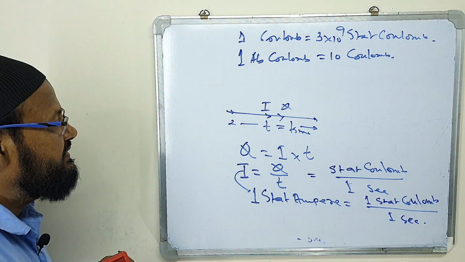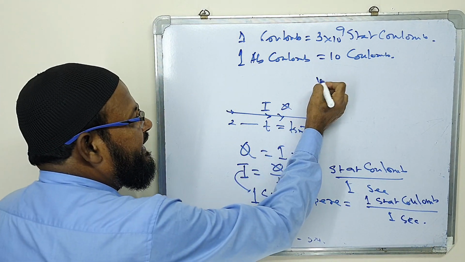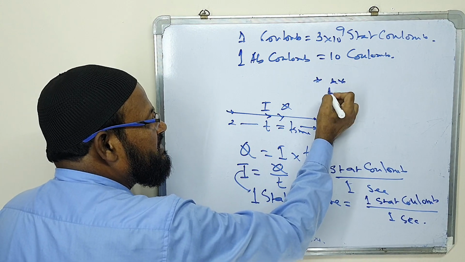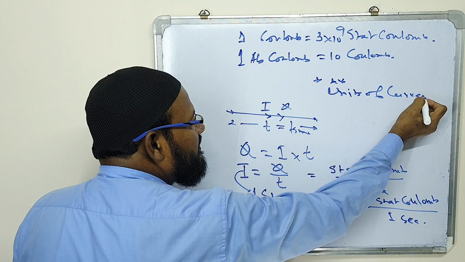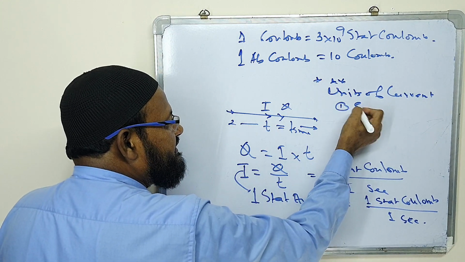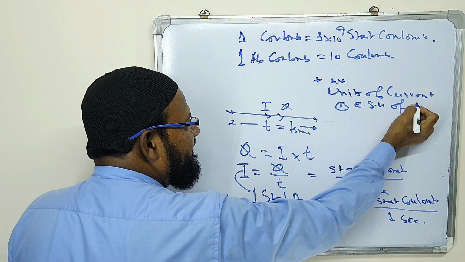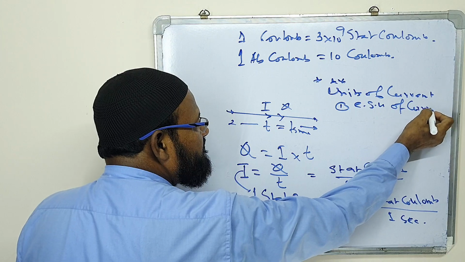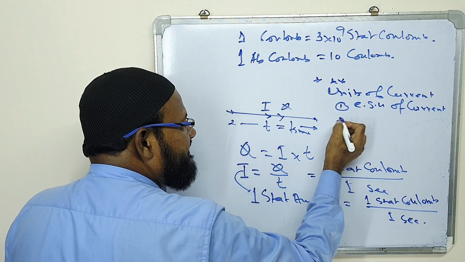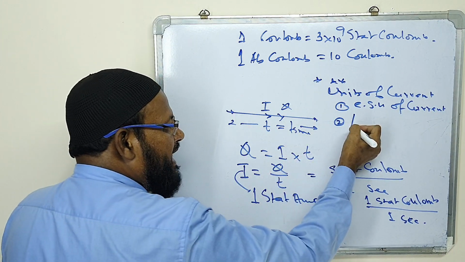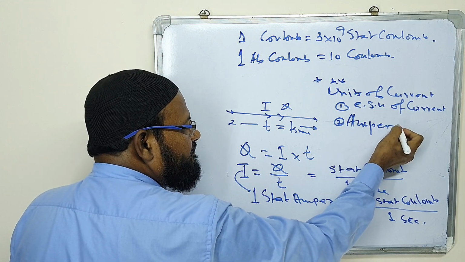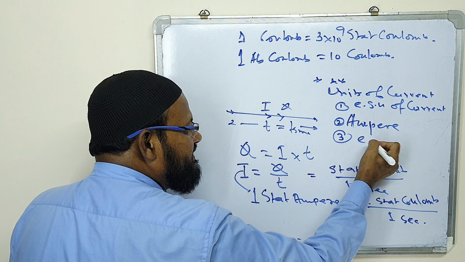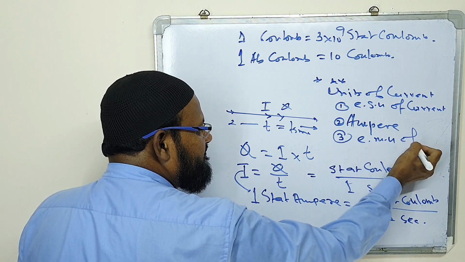Actually, the heading is units of current. What is this? ESU of current, and this is ampere, and this is EMU of current.